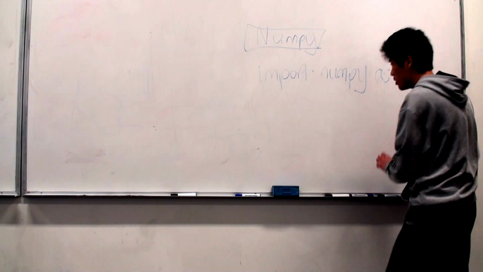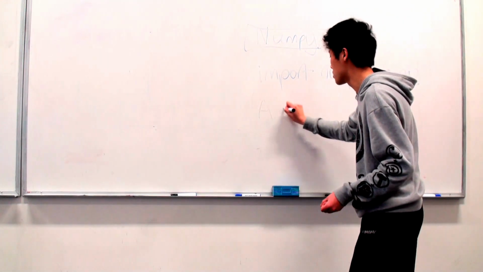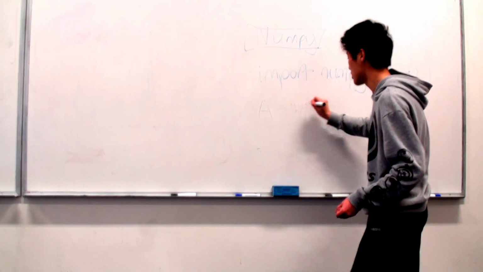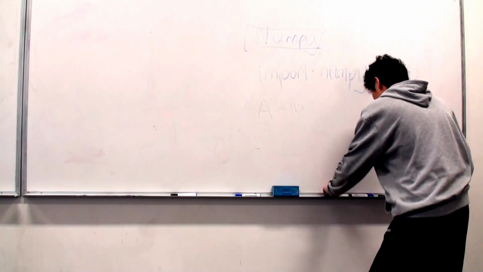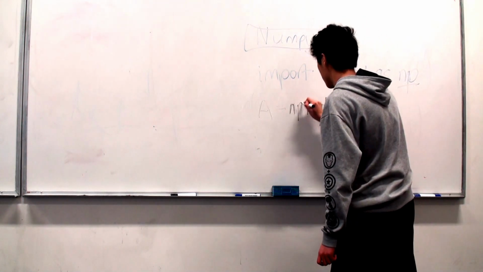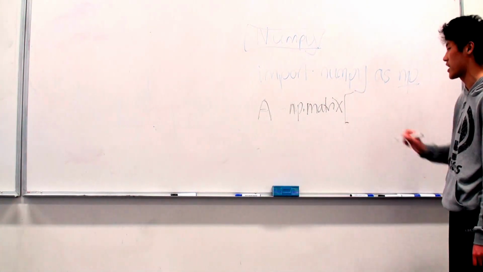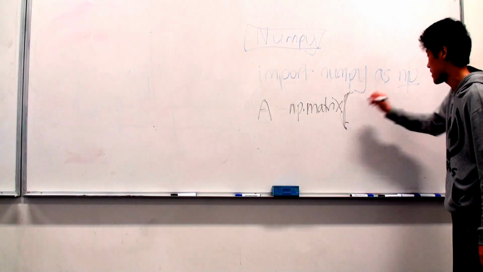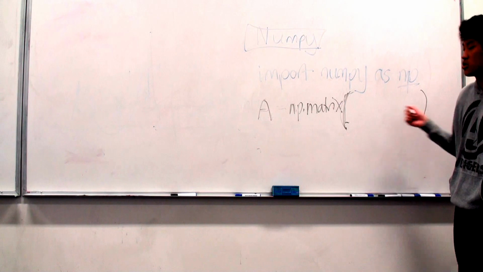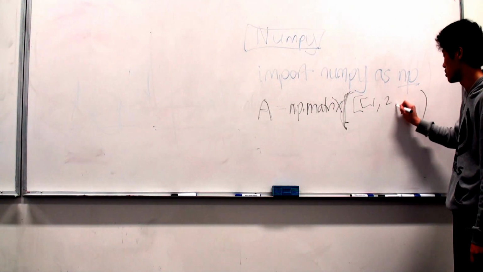And when we want to make a matrix, right, we just do A is equal to np dot matrix. Right, we want to make a matrix, so you just do np dot matrix, and we literally just write your matrix. You do brackets, big brackets. When you do that, you just write your matrix. So like 1, 2, 3.